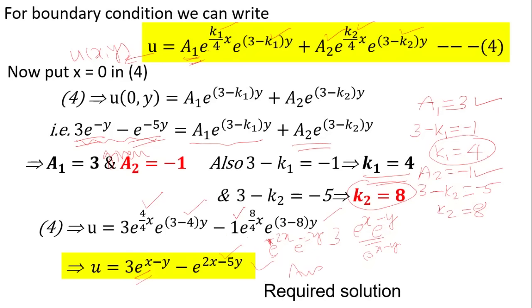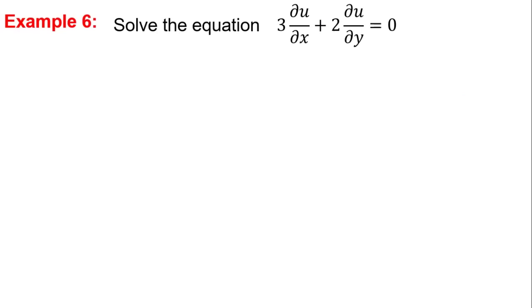So these are the two examples we discussed today, slightly more difficult than the previous lecture, right? So now sixth example. Solve the differential equation 3 del u by del x plus 2 del u by del y is equal to 0. Given that u of x0 is equal to 4 into e to the power minus x.